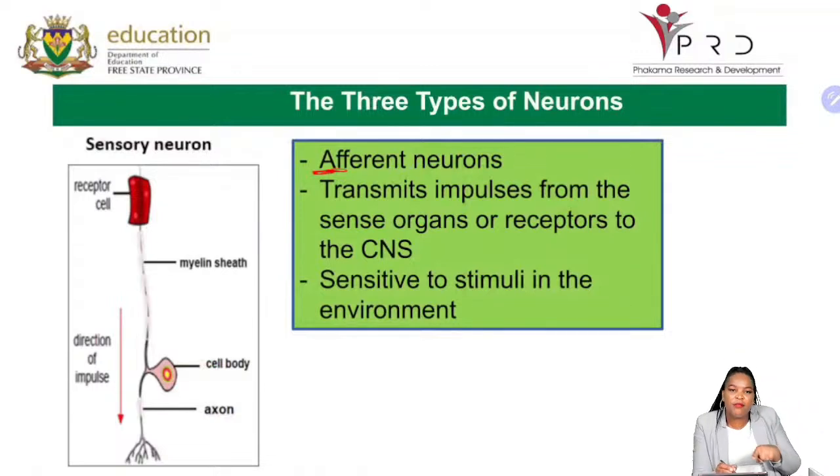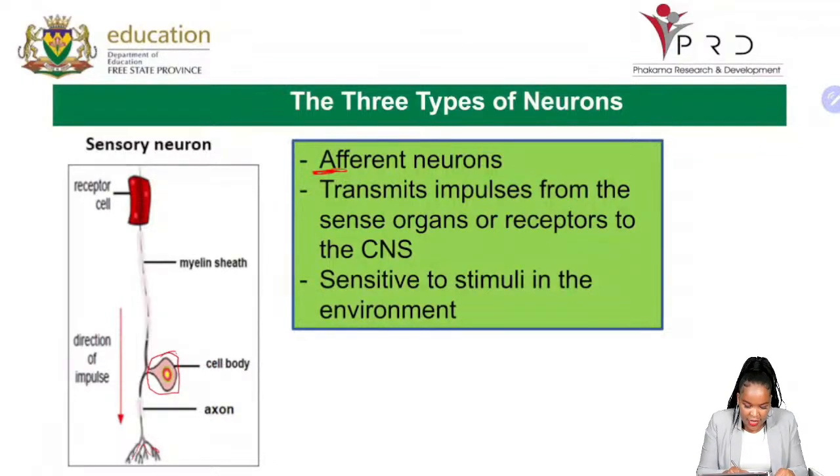When you are drawing your reflex arc, your sensory organs, your sensory neurons are the ones that are going to receive the stimulus first. So your sensory neuron looks like this. How do you know this is a sensory neuron? Check the cell body. The cell body must be on the side. Then the dendrites will be there at the bottom, and the direction is always from the receptor. Remember, I said this one is the one that is going to receive.